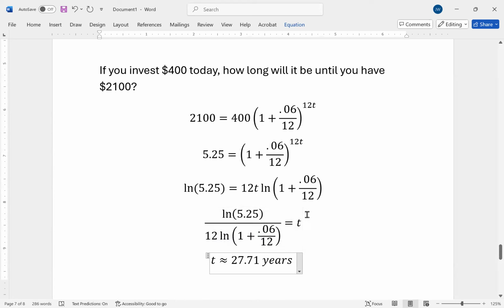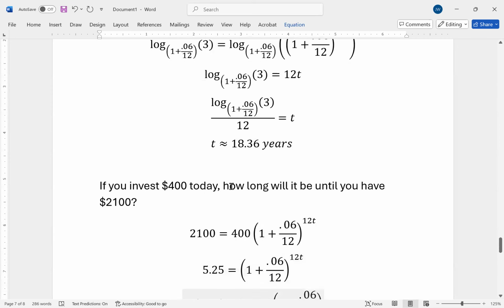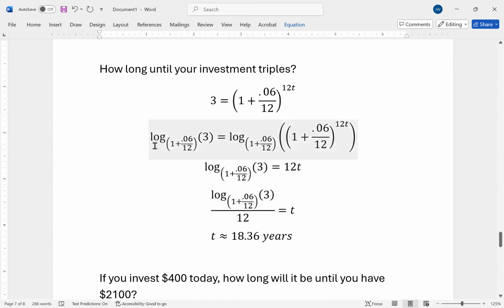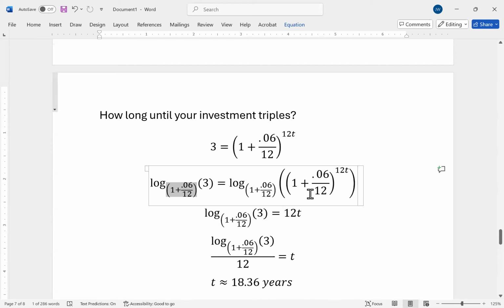Again, you can solve these types of equations by applying natural log to both sides and then using the power rule, or you could apply the log of this ugly base to both sides and use the inverse rule of logarithms and exponentials to just get the exponent there. So there you go. That's how to do problems like these.